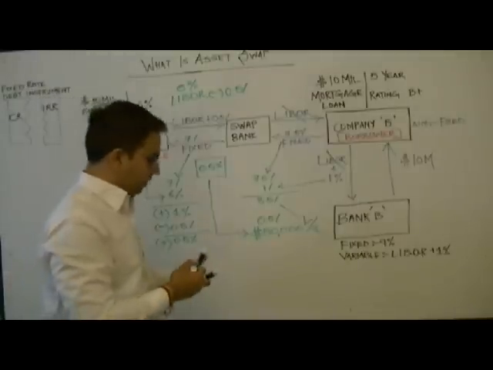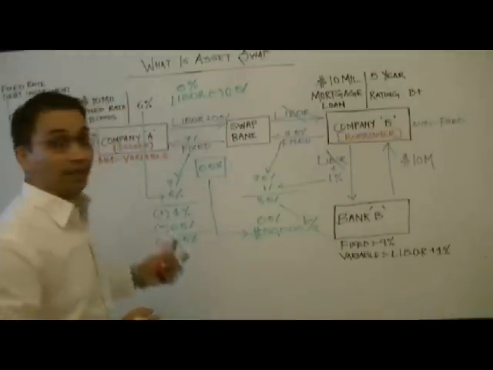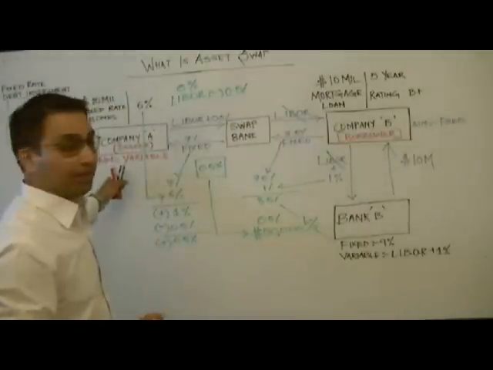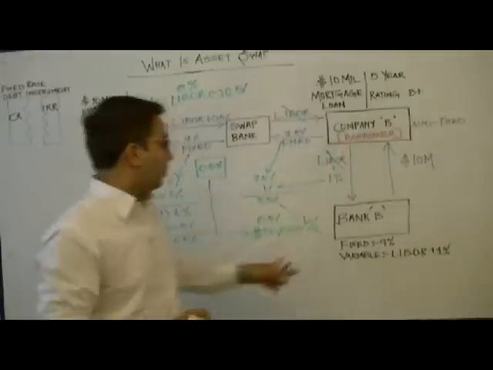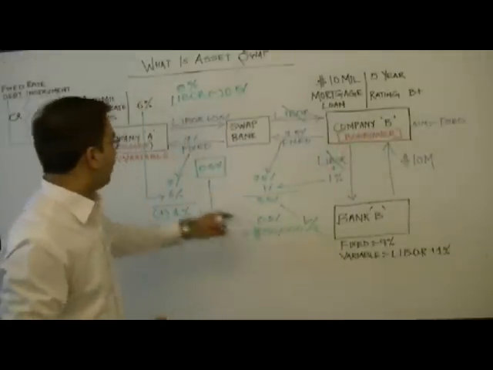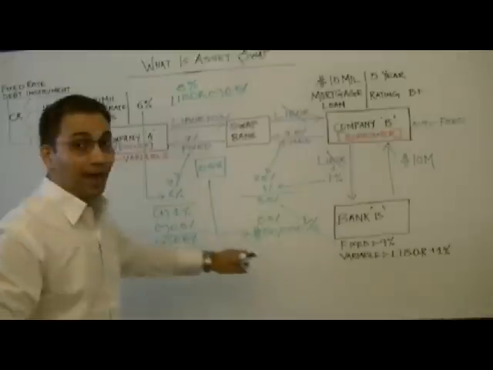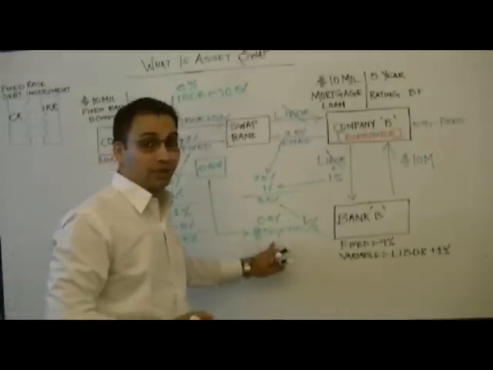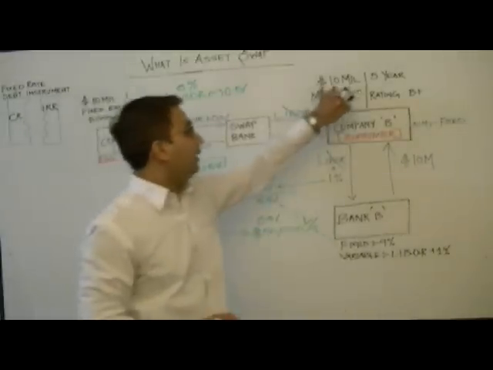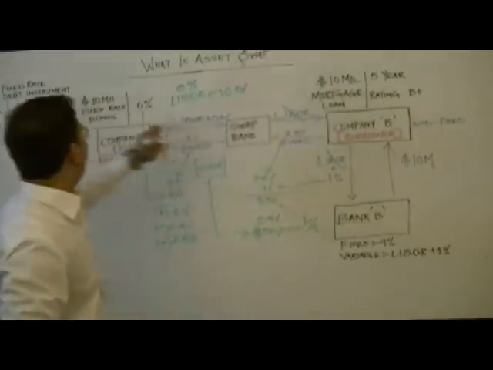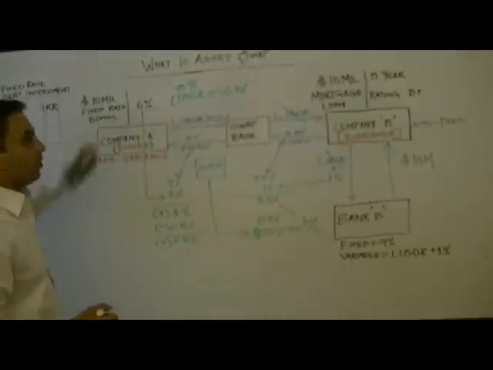So where's the magic part for the swap bank? We have seen the benefit for company A and company B, 0.5% each. Annually they are saving $50,000 on $10 million worth of mortgage loan, $10 million of fixed rate bonds.